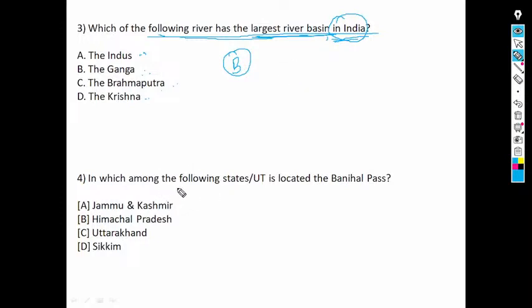Next: in which of the following states or UT is Banihal Pass located? Jammu and Kashmir, Himachal Pradesh, Uttarakhand, Sikkim.